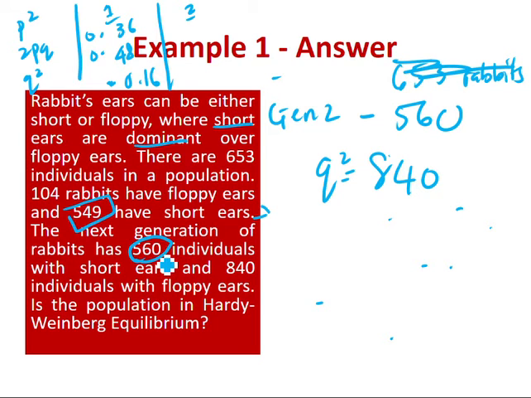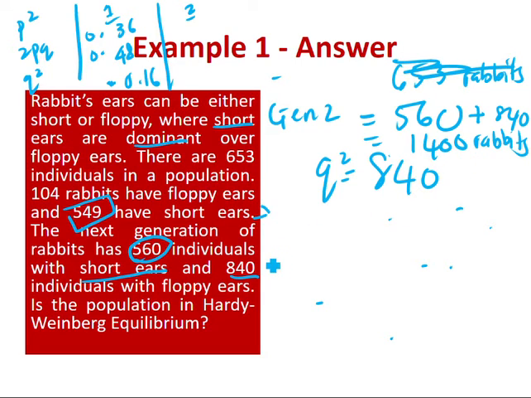The next generation has 560 individuals with short ears and 840 with floppy ears. So 560 plus 840 is the total number of rabbits in that population. Sorry, my mistake for not reading the question carefully. Please read your questions slowly and carefully and understand them. So there are 1,400 rabbits in that population. The number has increased from 653 rabbits in the first generation to 1,400 rabbits in the second generation.